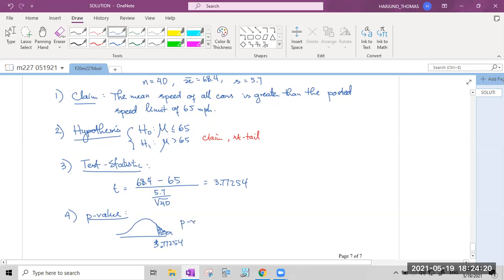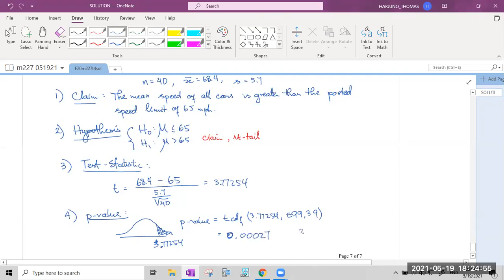So p-value is tcdf of 3.77254, E99, degrees of freedom 39. 0.00027.